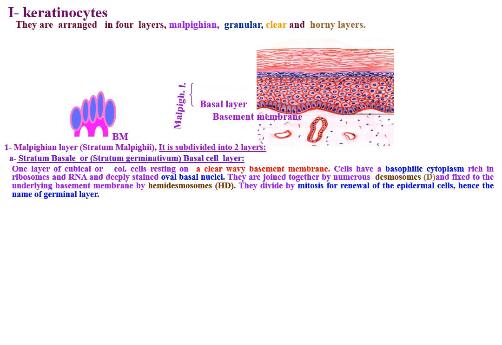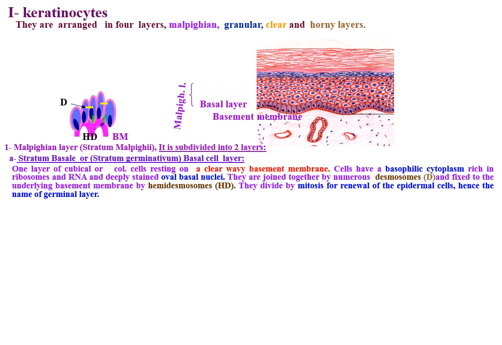These cells have a basophilic cytoplasm rich in ribosomes and ribonucleic acid. The cells have deeply stained oval basal nuclei. They are joined together by numerous desmosomes and fixed to the underlying pigment membrane by hemidesmosomes.